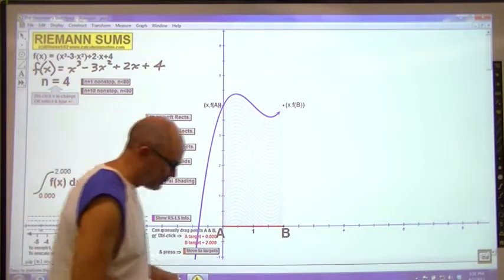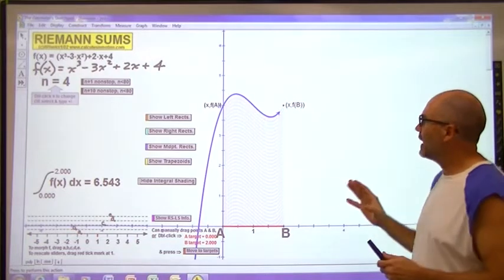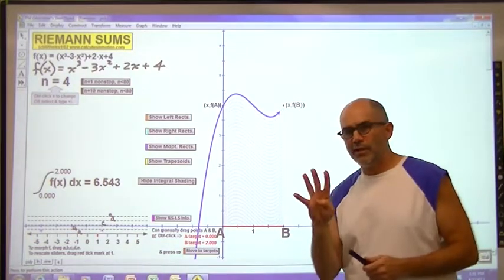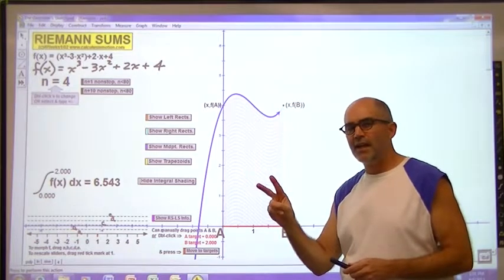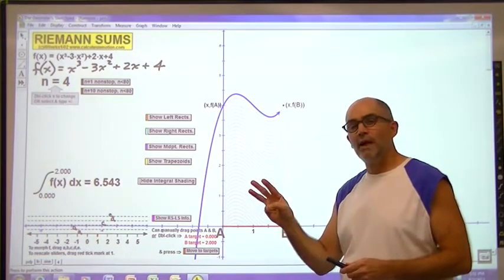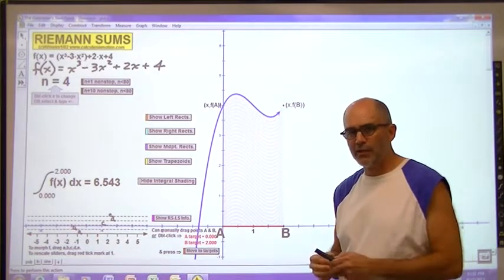That's my function. Now we're going to go through calculating the area 4 different ways. We're going to do left-handed rectangles, right-handed rectangles, midpoint rectangles, and finally Riemann sum rectangles.